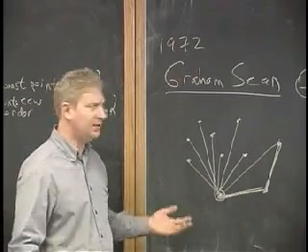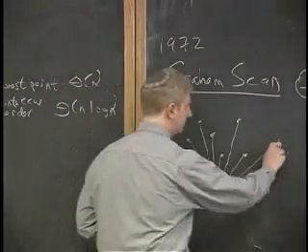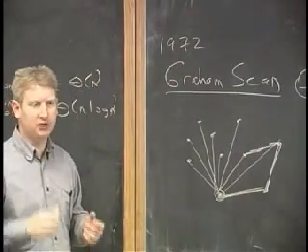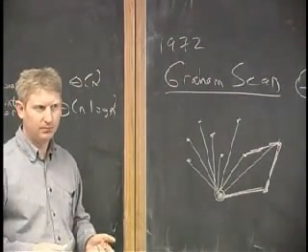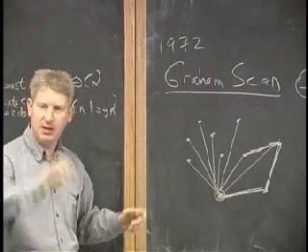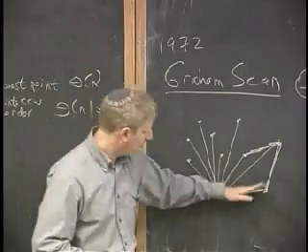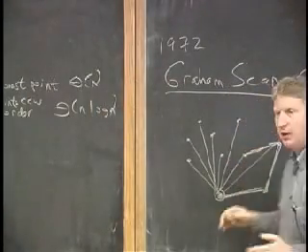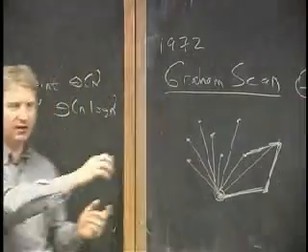When won't I add it in? If I make a left turn to the next point, then it needs to be in the convex hull. Left turn. Every time I make a left turn, it stays in the convex hull.